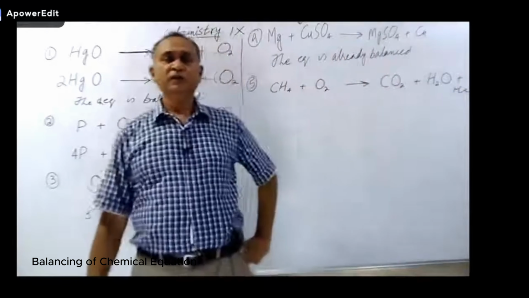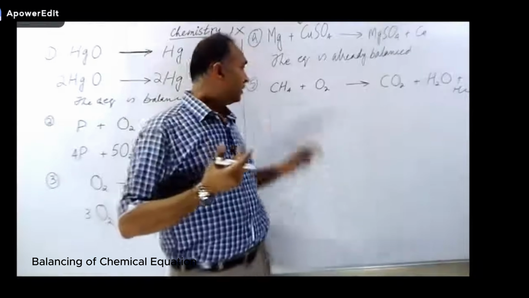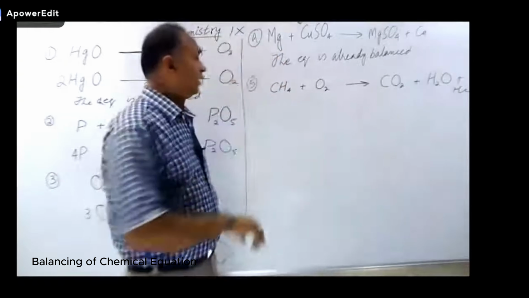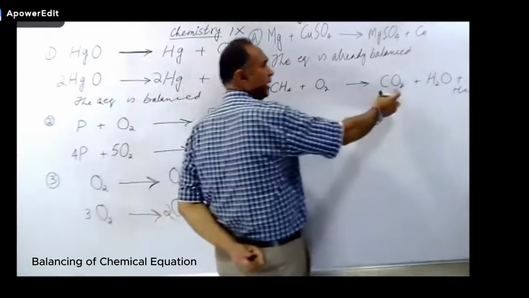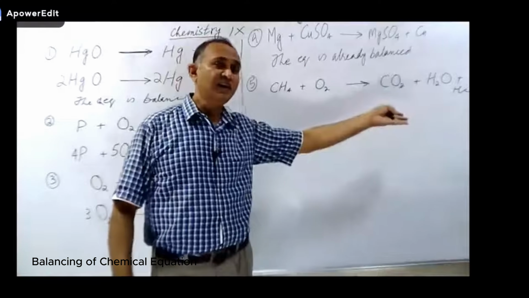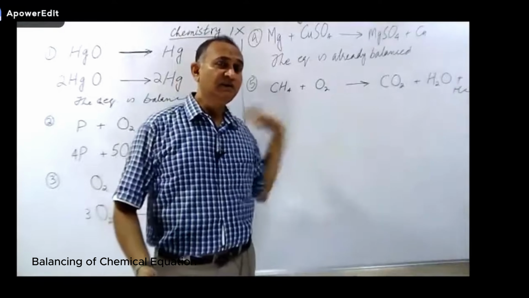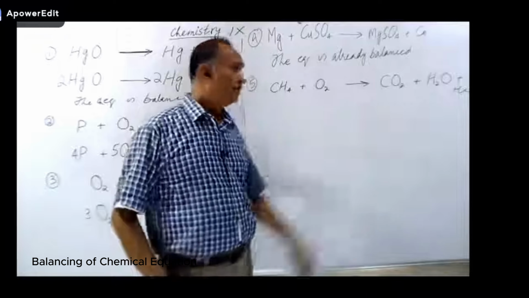So when a burner is using methane gas, it means carbon dioxide and water vapors will be there. So this reaction is occurring where? We can see it in our kitchens, in burners, right?